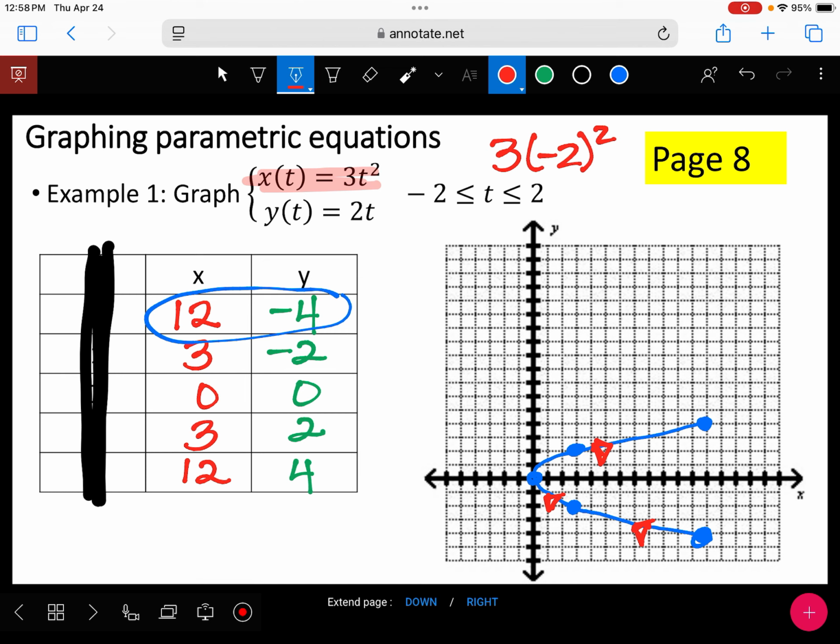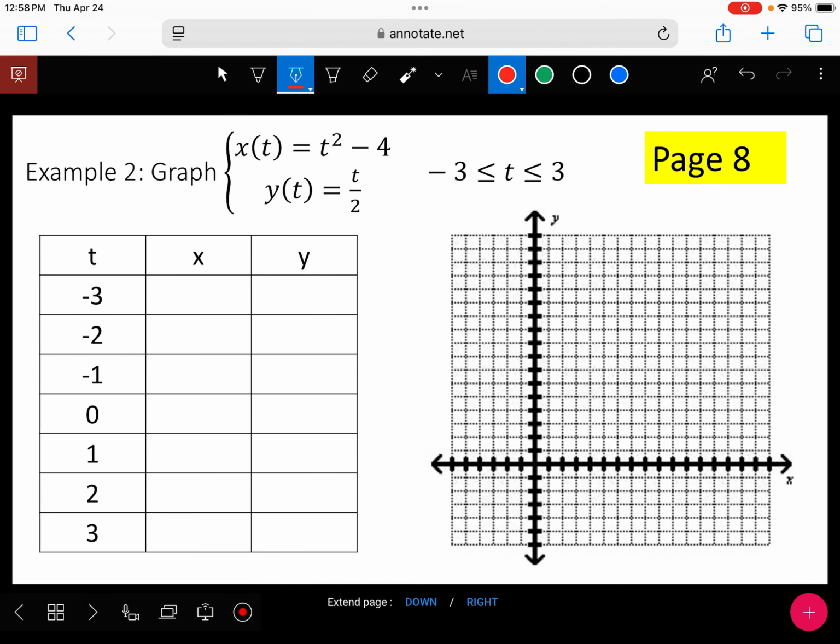Let's do number 2. First thing you want to do for number 2, because we're going from -3 to +3, go ahead and sketch your 3 columns and your 8 rows.